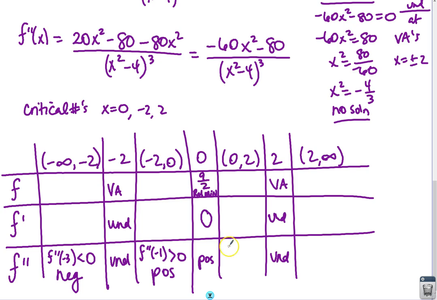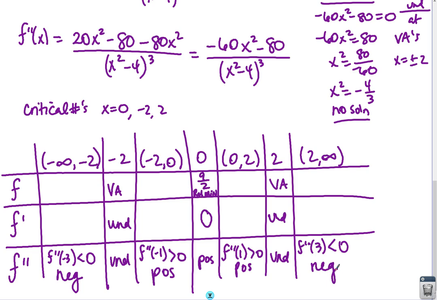I need to look at f double prime of +1. Negative up top over a negative, so that's going to be a positive. F double prime of 3 is going to be negative up top over a positive, so this is going to be negative.